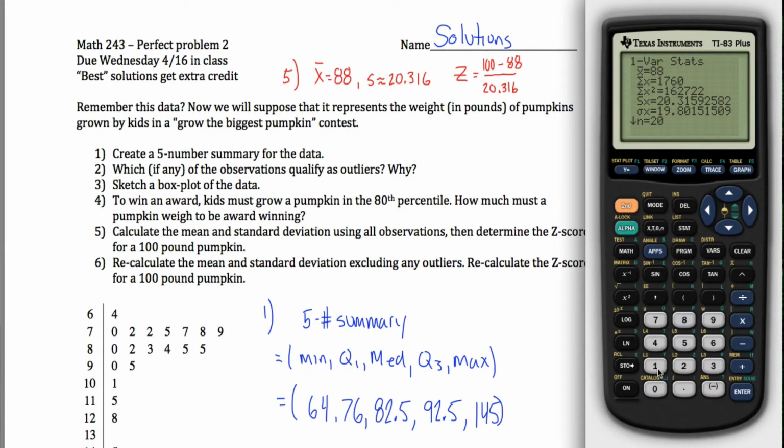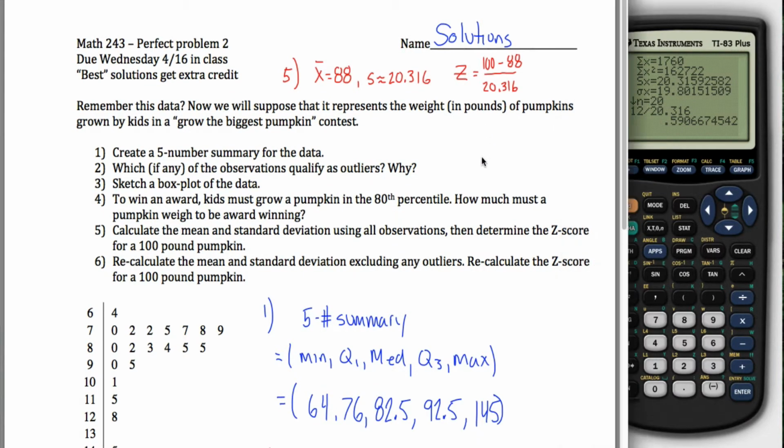So 100 minus 88 is 12, and 12 divided by 20, I guess 20.316 if I want to be a little bit more precise, is 0.59. It's my z-score. What that means is that my 100-pound pumpkin is 0.59 standard deviations above the mean, which will have more meaning as we get further into this class.